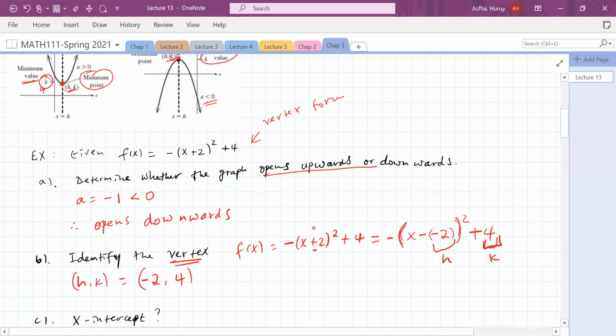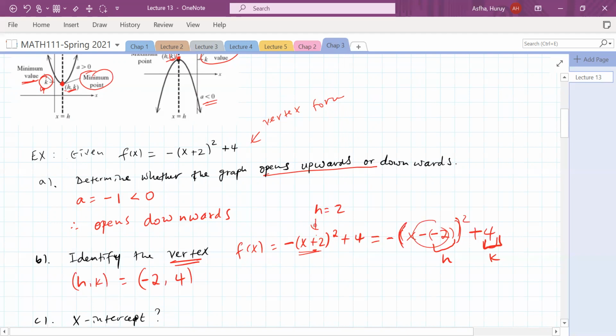So be careful. Once you have this, don't say this h is +2, because this has to be minus x minus some value. So you have to somehow rewrite this. The trick is, once you understand it, you don't need to rewrite it this way. If the term inside the parenthesis is like x plus 2, for example, then take the negative of this.